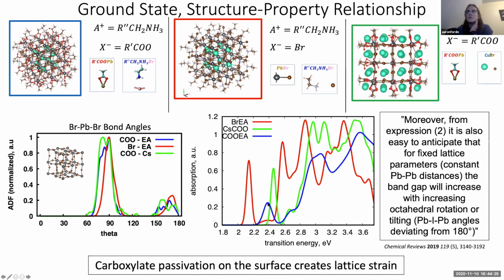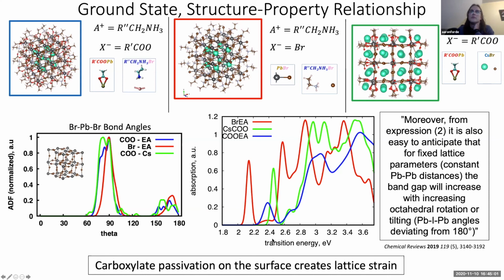And so I think that explains why, for the optical spectra, the ammonium bromide had a lower band gap than the cesium oleate and ammonium oleate models, where their band gaps are like 2.4, 2.5 eV, and their bond angles show significant deviation from 90 and 180 degrees.